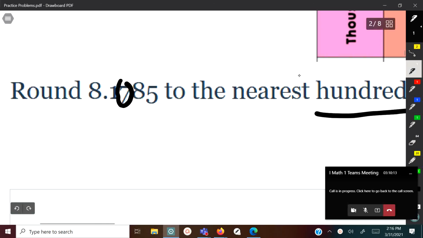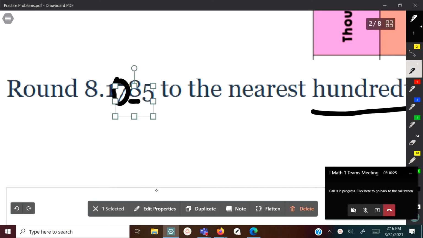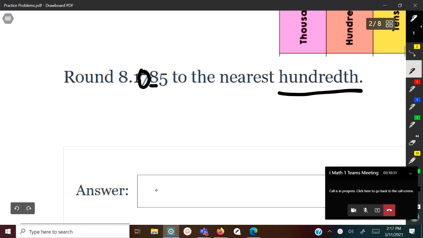It's 5 or more, so you raise the score. Everything in front of it, the 8.1, we're going to leave alone. So we're going to have 8.1, raise the score, change that 7 to an 8, and drop off everything else.